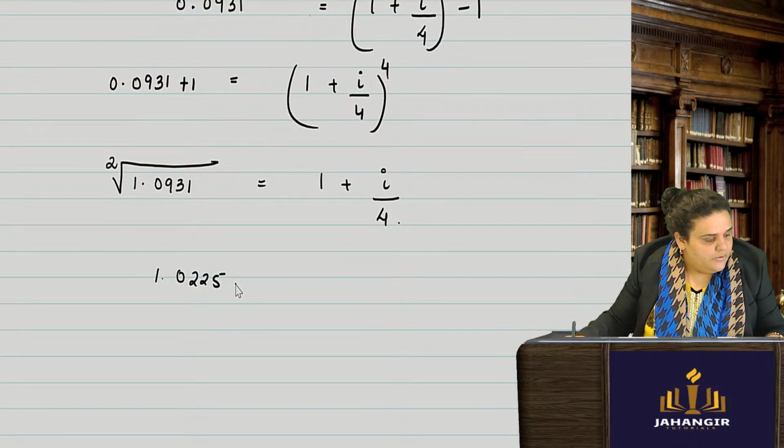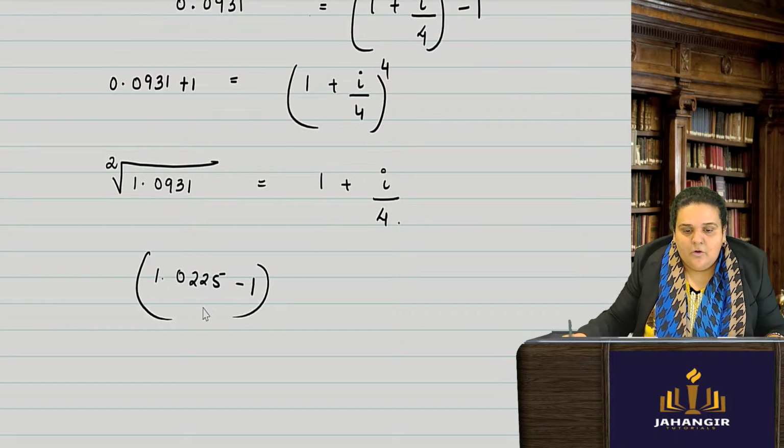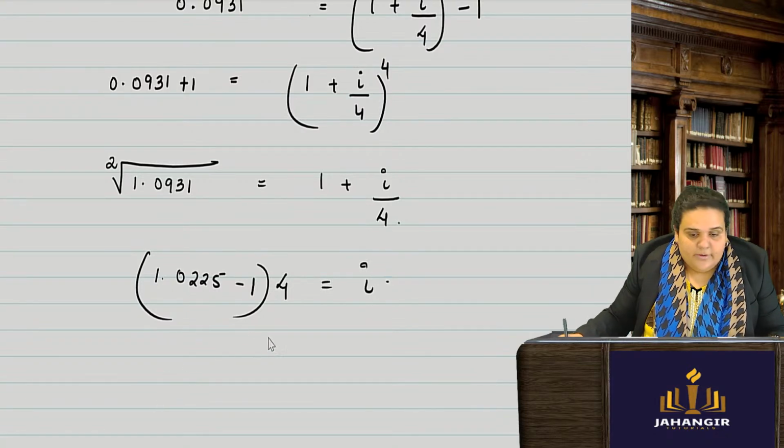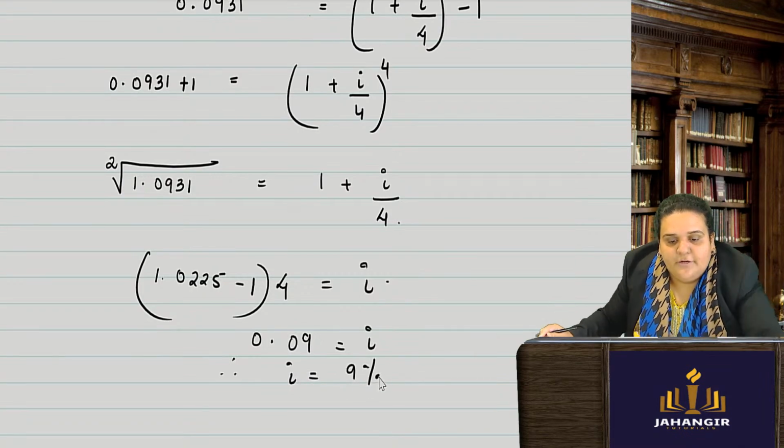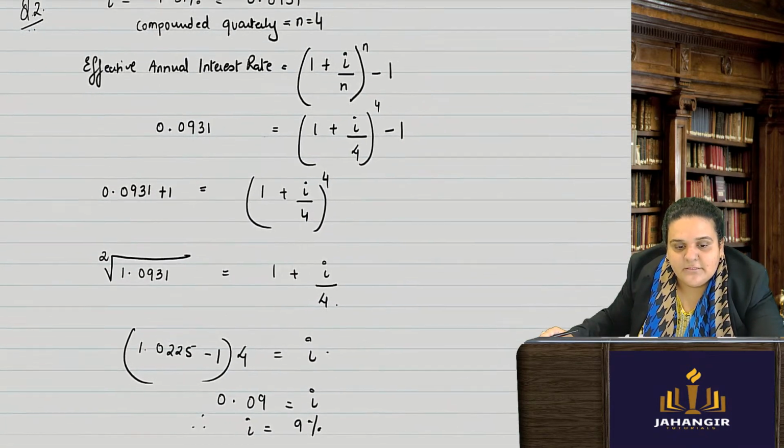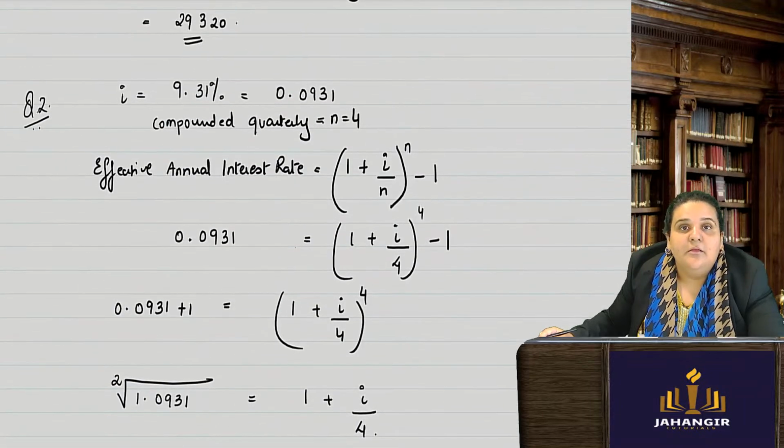Here you can do minus 1, take this 1 on the other side, also take the 4 on the other side and multiply, that will become I. When you solve this, it will be 0.09, which will be I. Therefore, I is equal to 9%. Actual rate of interest is 9%. Effectively, it is coming to 9.31.